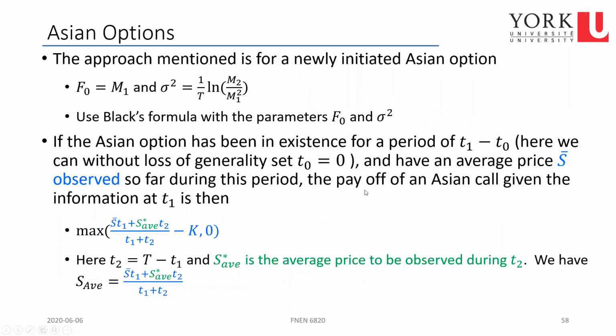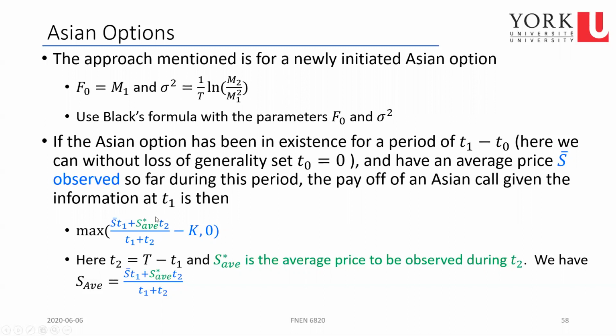then you can actually rewrite your Asian option's payoff in a different way. An Asian call can be rewritten as this, which is a weighted average between the observed average so far and the to-be-realized average over the remaining period of time.